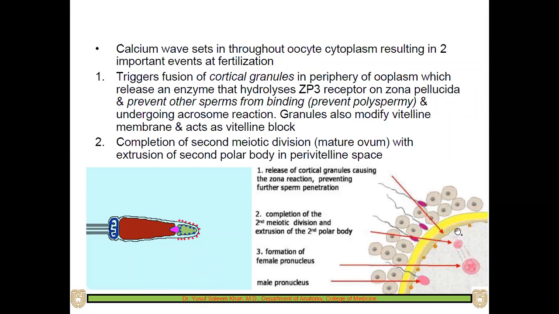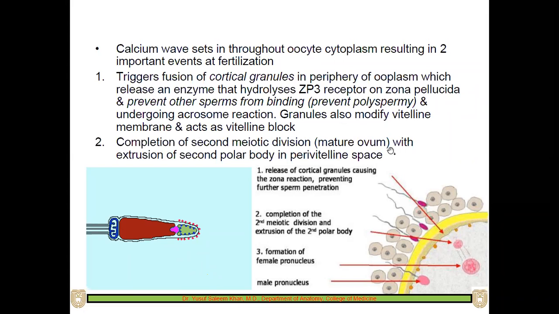As I said, these granules will form a block around, and it prevents any other sperm from entering. Once the sperm head has entered, it leads to a calcium wave, which will trigger these granules, and it makes a barrier around.